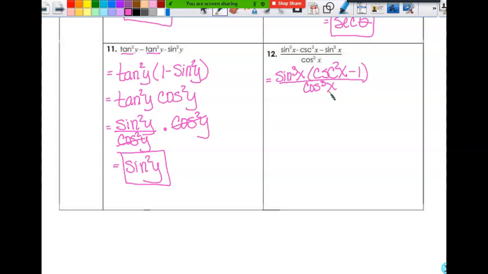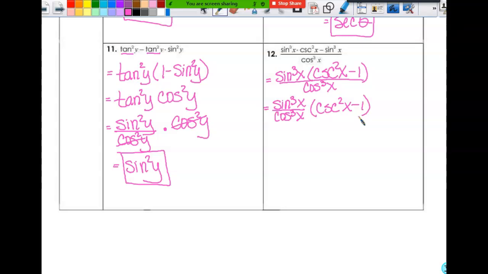Much like one of the ones on the front, I know that sine over cosine is tangent. So I can rewrite this thing where I get sine cubed x over cosine cubed x times cosecant squared x minus 1. That's the same thing.